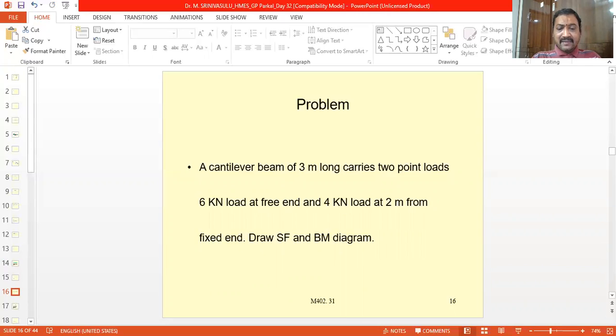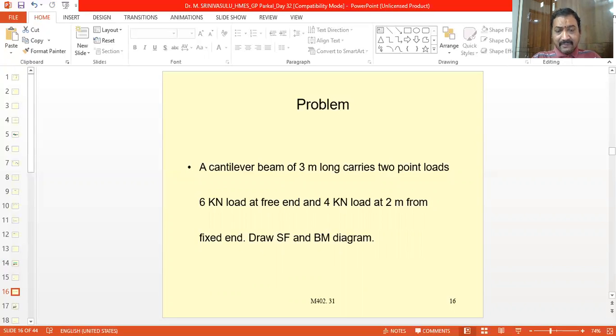Draw shear force and bending moment diagrams. So this is the problem given for the cantilever with point loads.